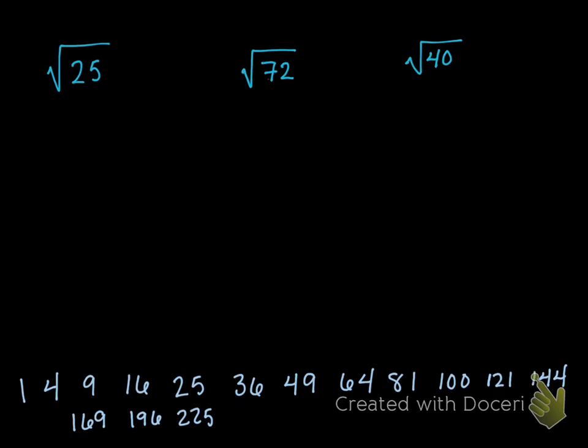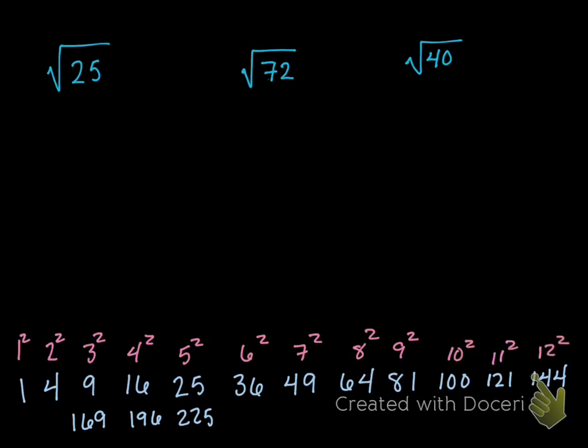Okay, so we can put these actual values up here. These are all being squared. 3 squared, 4 squared, 5 squared, 6 squared, 7 squared, 8 squared, 9 squared, 10 squared, 11 squared, 12 squared, 13 squared, 14 squared, and 15 squared.